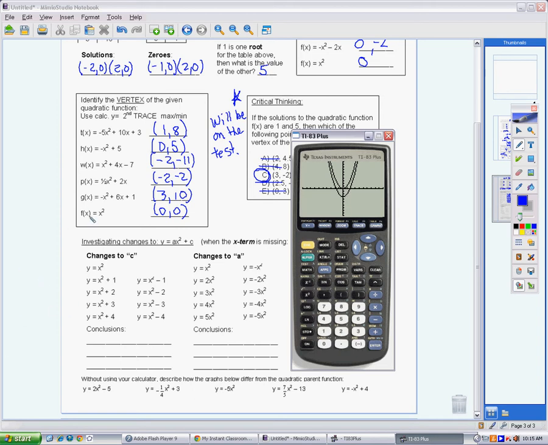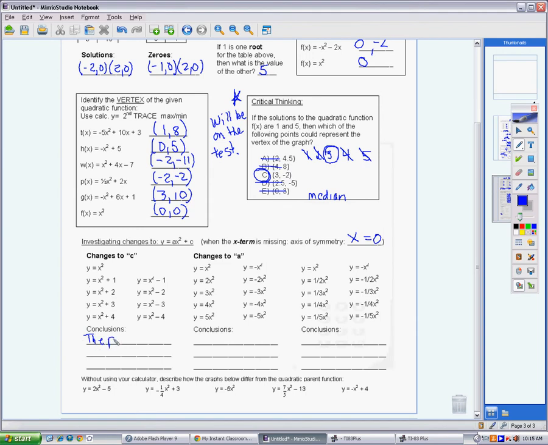So the conclusions that we make is the parabola shifts up or down. Okay, so that's any time we change that number on the end here. Okay, it goes up if it's positive and down if it's negative. And that's similar to what we changed on our y-intercept on our linear parent function.